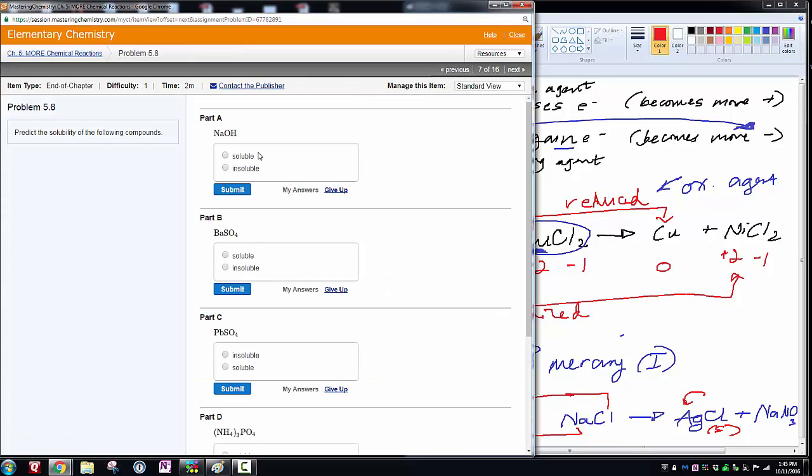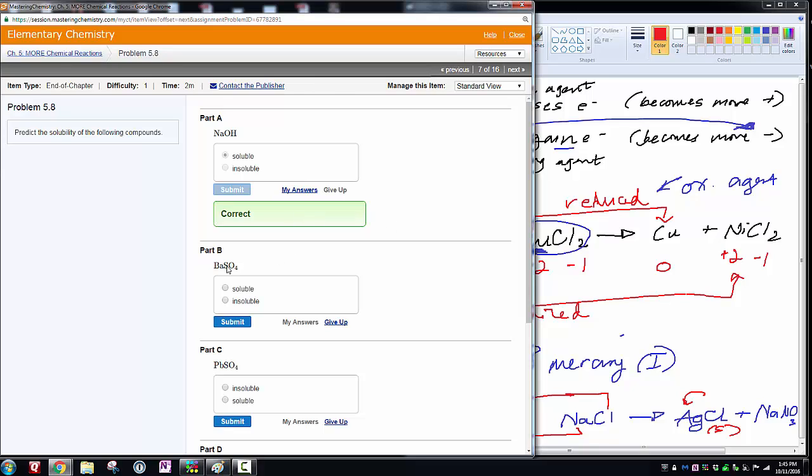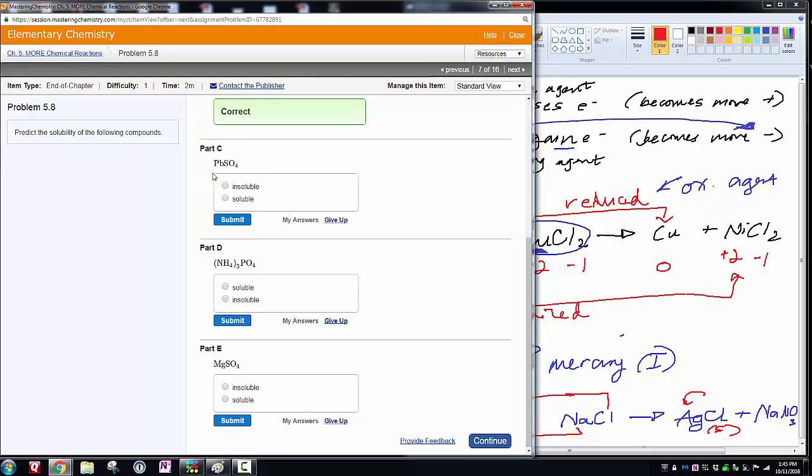All right, soluble or not soluble. Here we go. Sodium, always soluble, because it's a group 1 or alkali metal. Barium sulfate, let's see, rule 3 says sulfates are always soluble unless they are with barium, mercury, or lead. Oh, that's barium, so that would not be soluble. Lead sulfate. Sulfates are always soluble unless they're with barium, mercury, or lead.